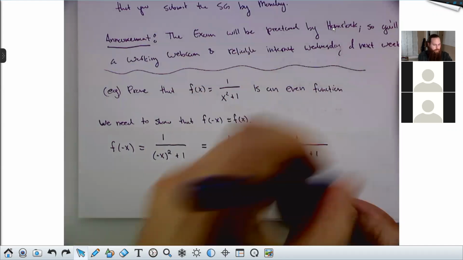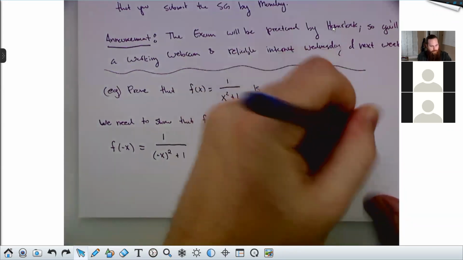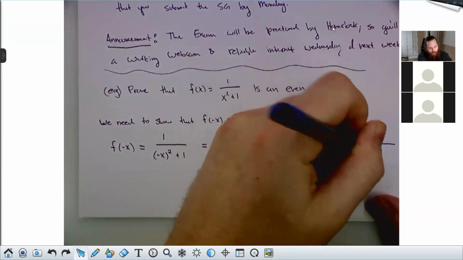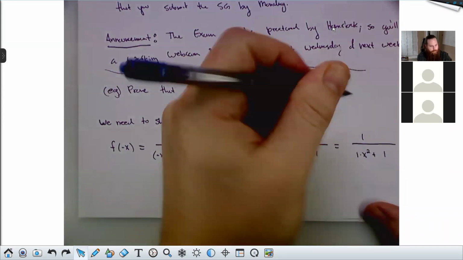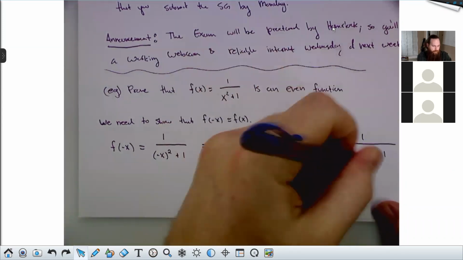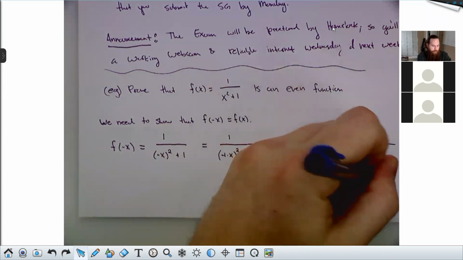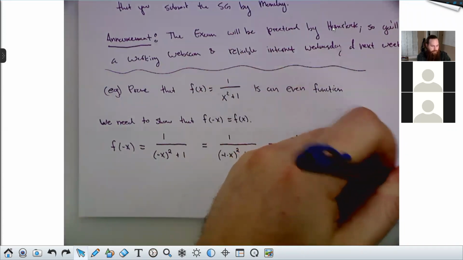But (-1) squared is 1. So this is 1 over 1 times x squared plus 1, which is 1 over x squared plus 1, which is the original function, f of x.